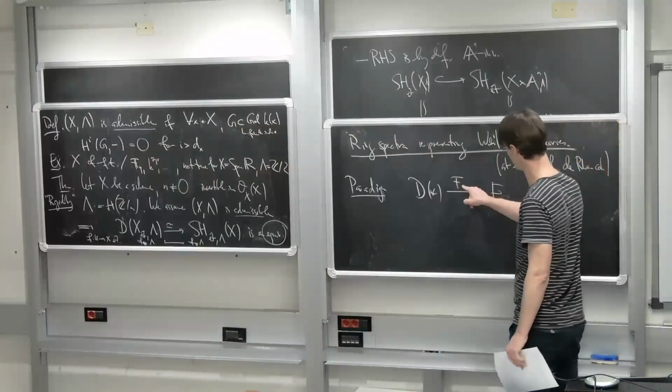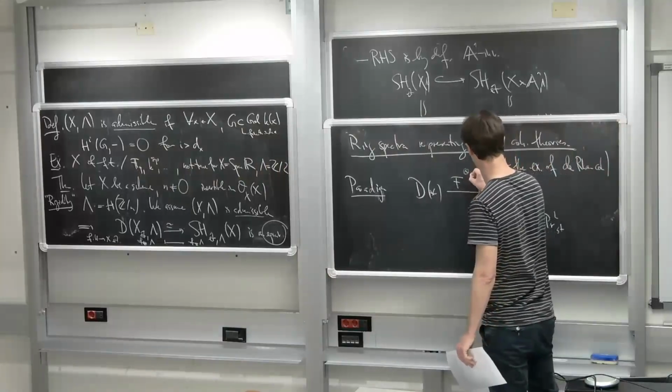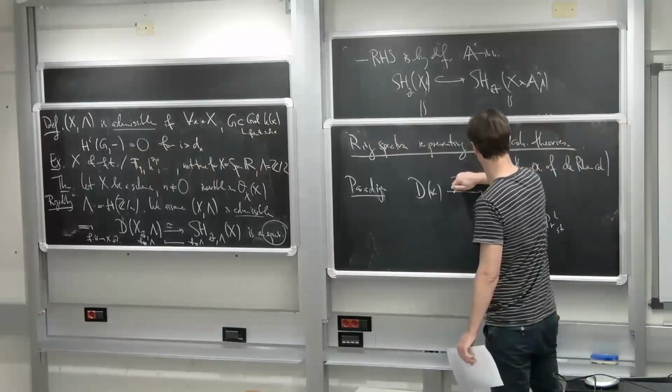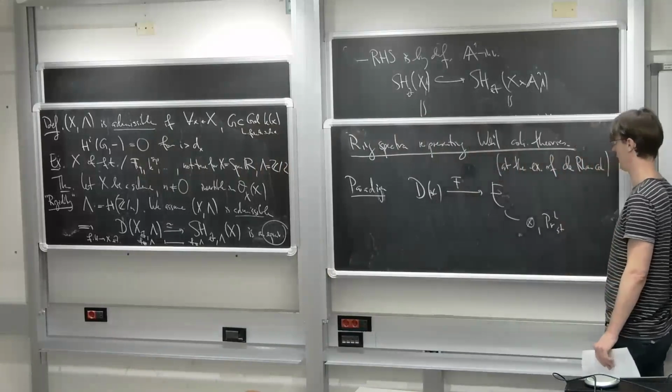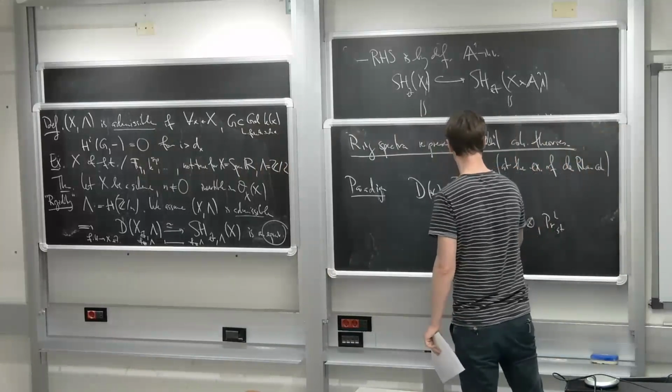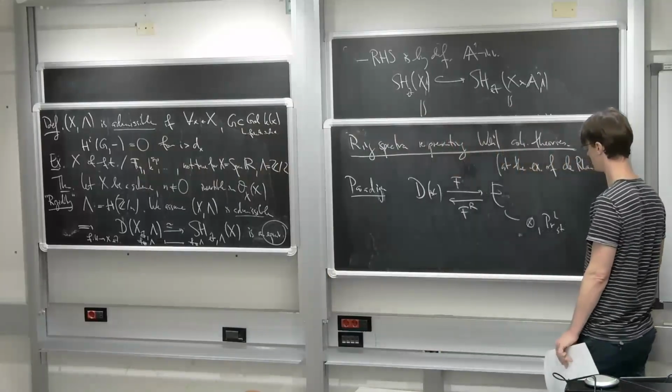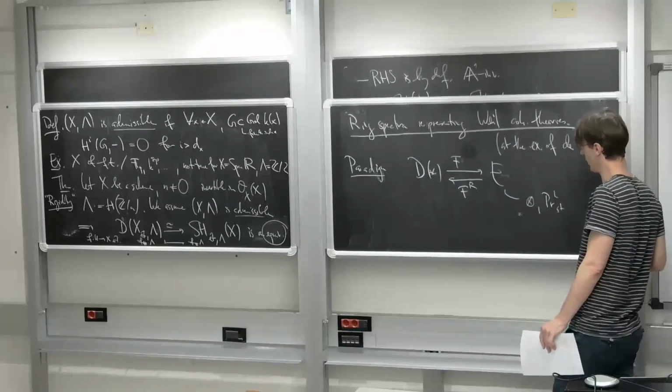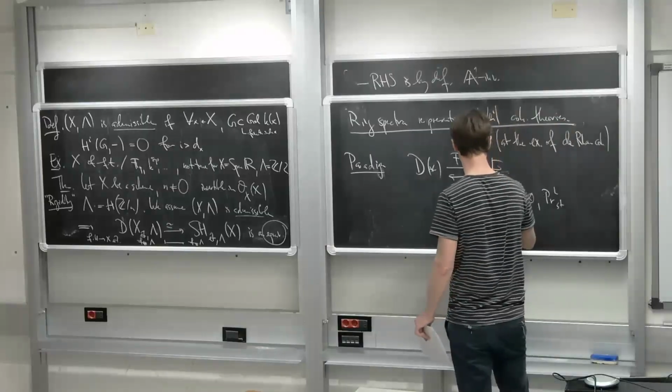What if we have a functor that is again symmetric monoidal and colimit preserving? If we have such a thing, this will have a right adjoint. And this right adjoint will be lax symmetric monoidal.